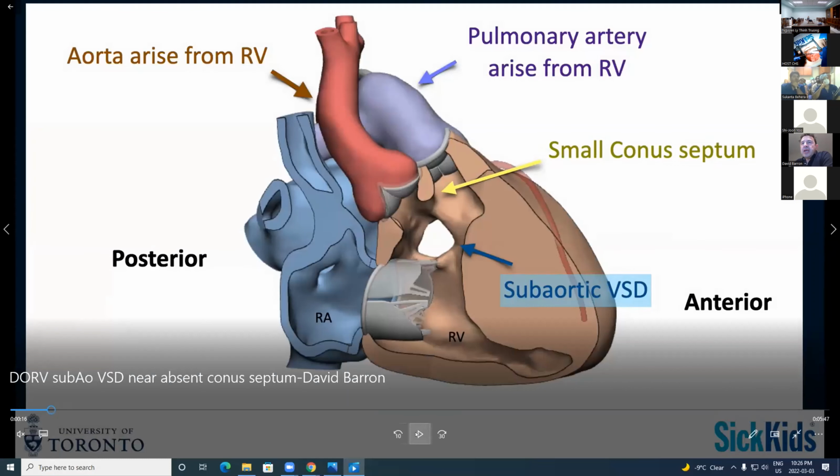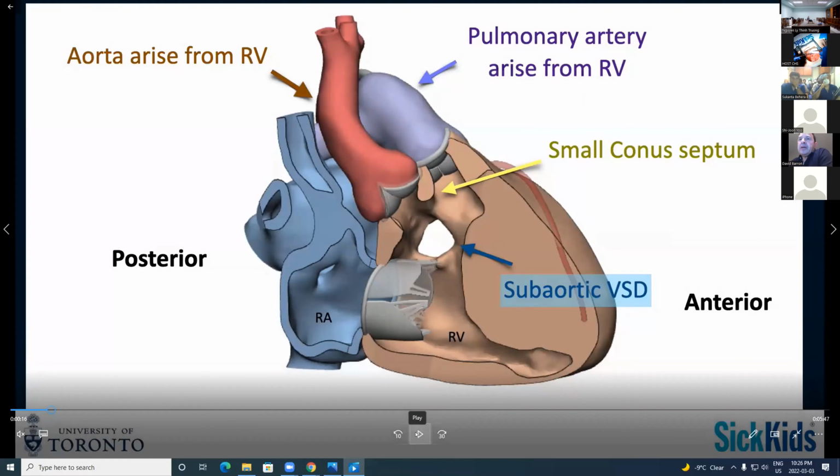In order to achieve a septation, a biventricular circulation, you've got to commit this VSD through to the aorta and find some way of securing your VSD patch at the top here between the two great vessels, where there isn't really anything to sew to.